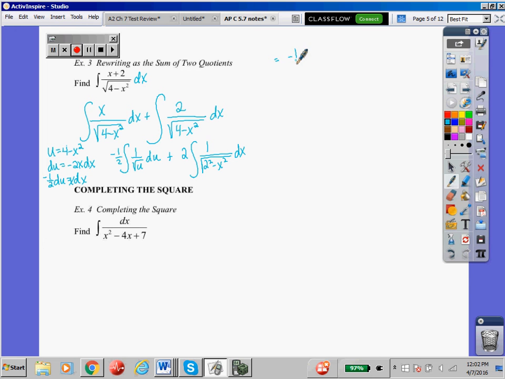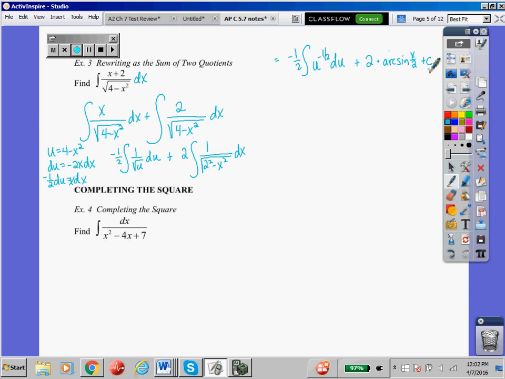I can handle it, so I'm going to rewrite this one as u to the negative 1/2. Can you tell that that one's the arc sine? Because it's the square root of a squared minus u squared. So that's just arc sine x over 2 plus c.